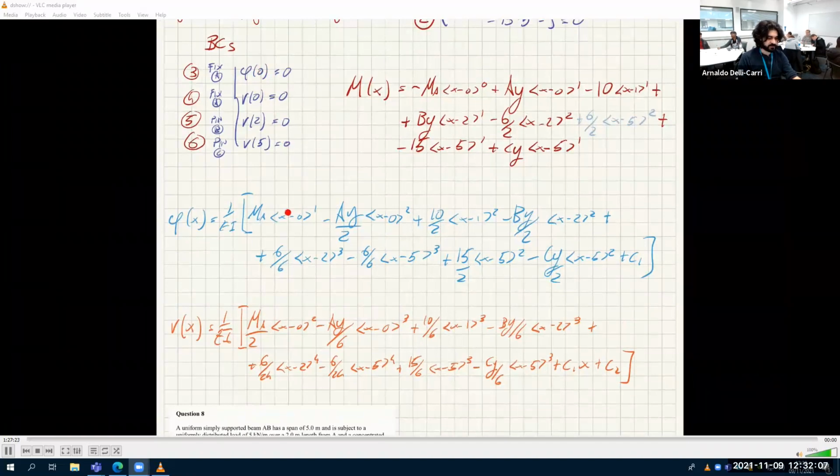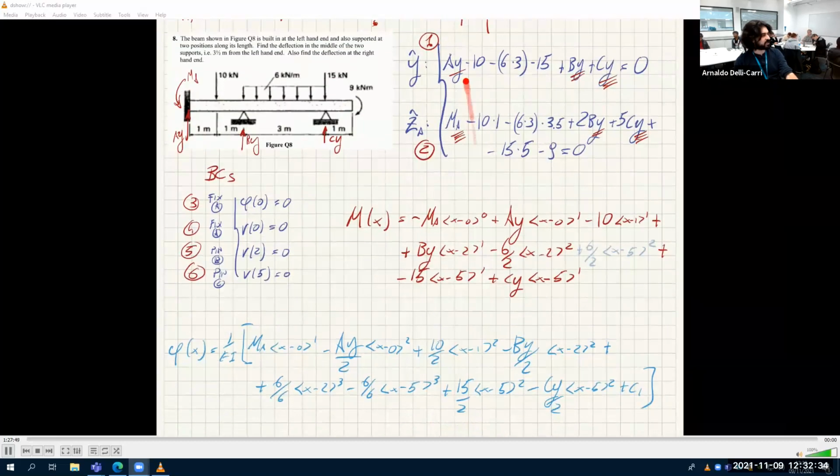Everything is 0, so C1 is 0. This one tells you that C2 is 0. So C2 is 0. And these two are the two equations you need to solve for the other two unknowns.